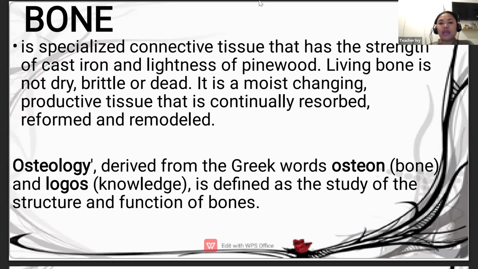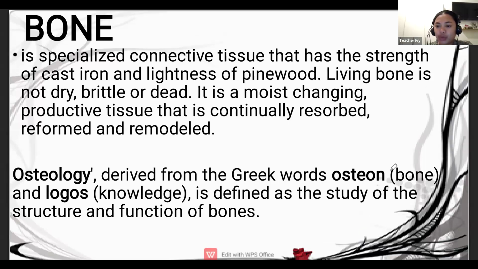Okay? And at the same time, the word bone is derived from a Greek word. The word bone is from the Greek word osteon. Osteon is a Greek word that means bone.